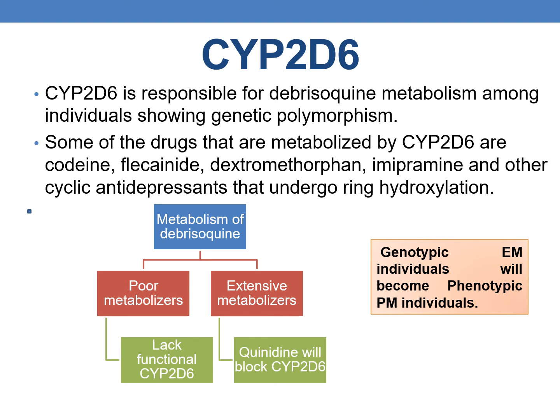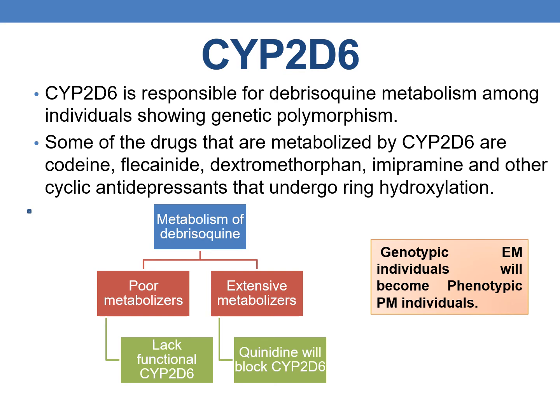CYP2D6 is responsible for the metabolism of debrisoquine. Some of the drugs that are metabolized by CYP2D6 are codeine, flecainide, dextromethorphan, imipramine, and other cyclic antidepressants that undergo ring hydroxylation.